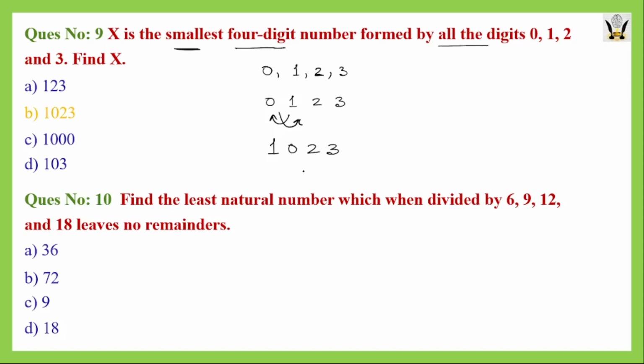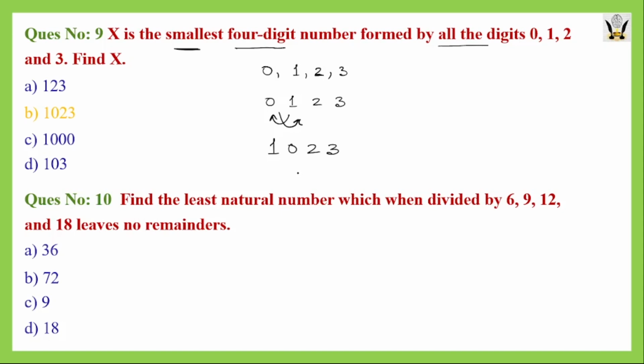Now the next and the last problem says to find the least natural number which when divided by 6, 9, 12 and 18 leaves no remainders. That means we have to find the least natural number which, when divided by 6, 9, 12, 18, leaves no remainder.